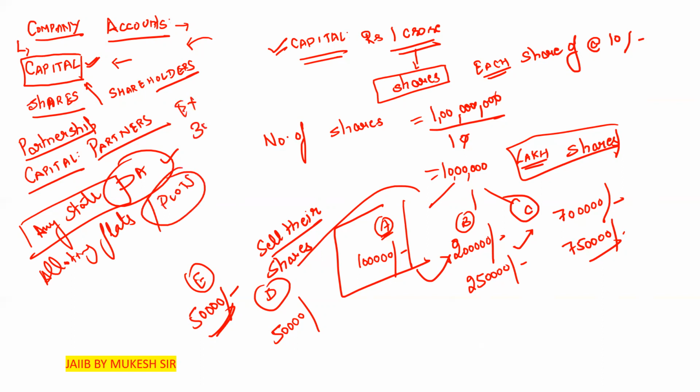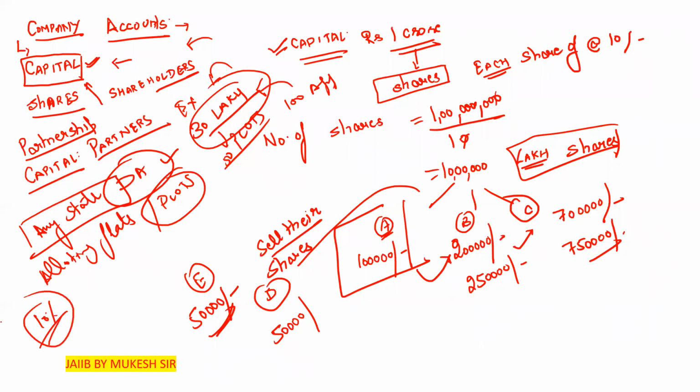If the plot is of rupees 30 lakh, and we have only 50 plots, but there are 100 applications to be received. So at the start of applying, you don't have to pay the whole rupees 30 lakh. Just 10% at the time of the application, that is rupees 3 lakh.